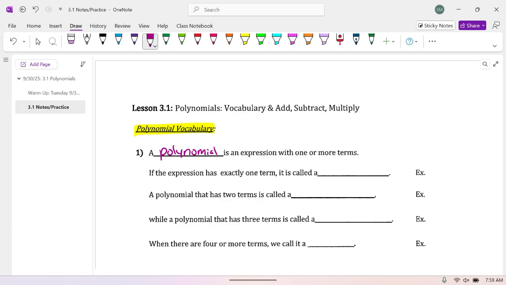Now, there are some special names for polynomials with 1, 2, and 3 terms. Does anyone remember what it's called if a polynomial has one term? Lucas. Is it monomial? Monomial, right. So if it has exactly one term, it's called a monomial.